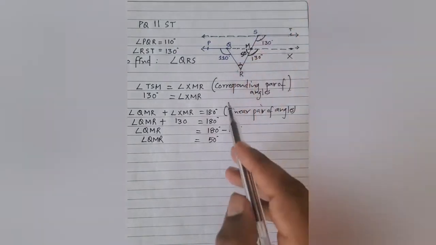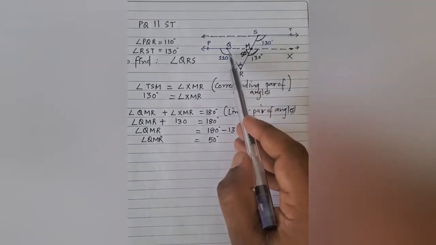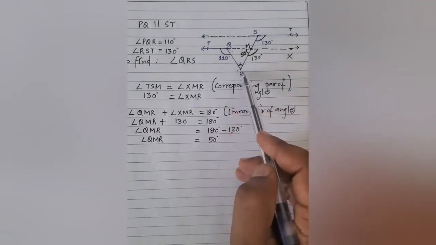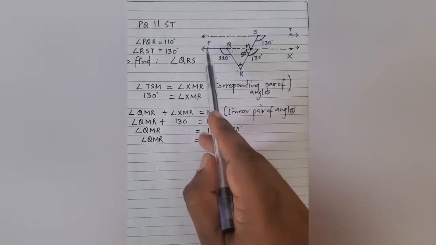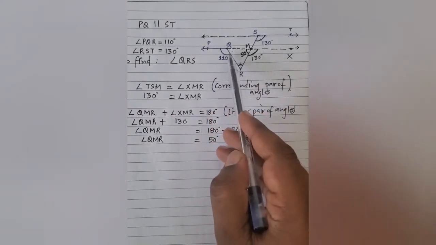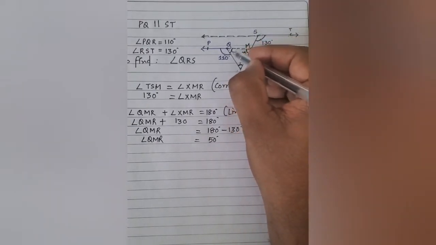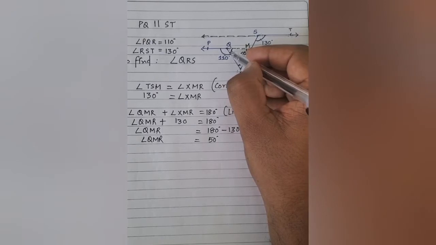So if this is 50 degrees, likewise, can I find this inside angle at Q, that is MQR? Do they have any relationship with PQR, this angle? Yes. These two angles also form what we call a linear pair of angles.